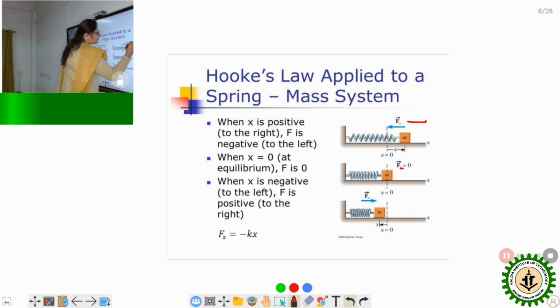Because if x is displaced in this direction, then according to the definition, the force will be in the opposite direction. Similarly in this case, we displace the particle in the left direction, so the force will be in the opposite direction. That's how Hooke's law applies to a spring mass system. So force is equal to minus kx. This minus sign indicates the opposite directions of the force and the displacement.